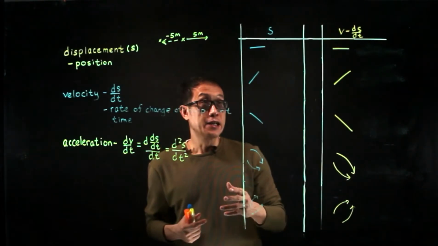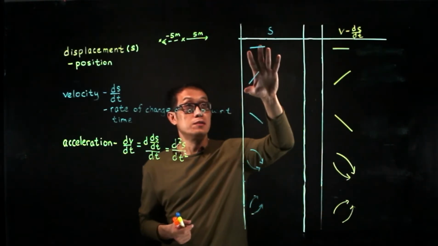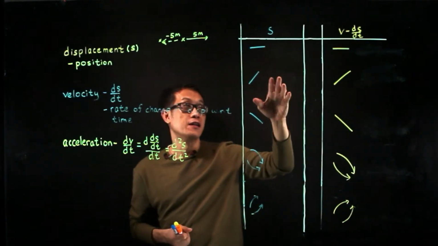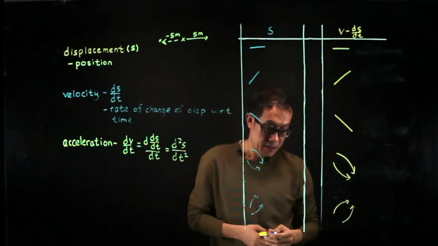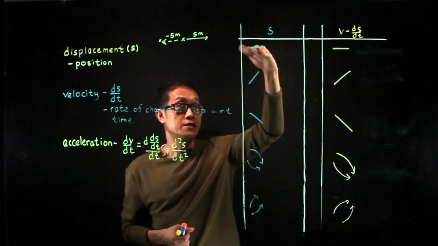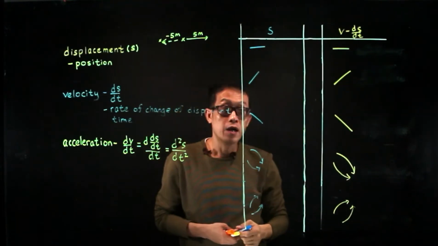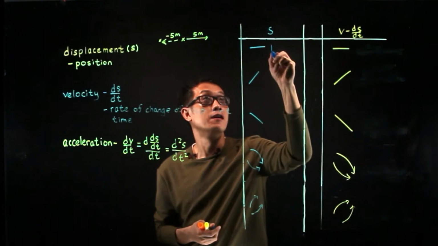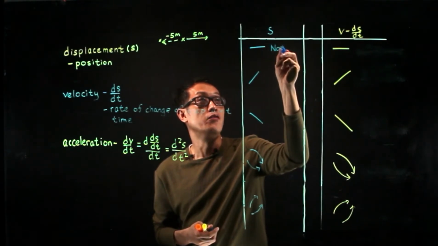Now with that understanding, let's move on to how to interpret graphically in each of these cases. Now if S is a constant, it's a horizontal line. What does it mean? That means the object is not moving.